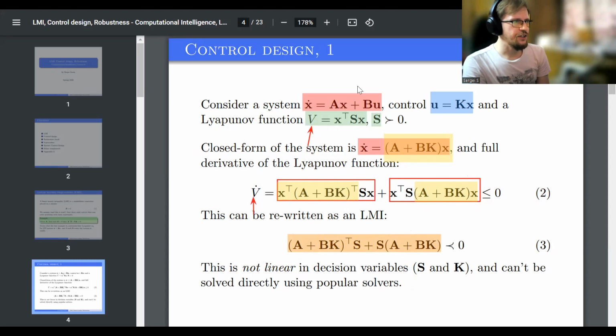This is not linear in decision variables. These decision variables enter the equation quadratically, so they multiply each other. So it's not a linear matrix inequality. So far we cannot solve it as an LMI. It says LMI, but it's not. It should be just matrix inequality. It's not an LMI. Not linear in decision variables.